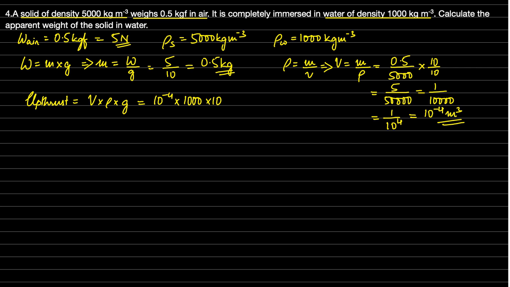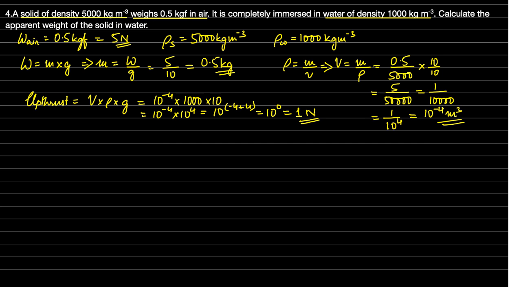So we get 10 to the power of minus 4, and here we get 10 to the power of plus 4. This results in 10 to the power of minus 4 plus 4, which is 10 to the power of 0, equal to 1. So upthrust we got as 1 Newton. So the upthrust here is 1 Newton and the weight in air is 5 Newtons.